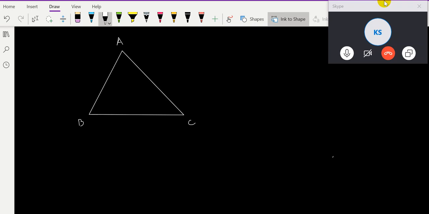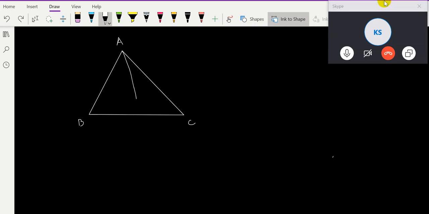Okay. So apart from the incenter and the circumcenter, there are two more important centers that are important as far as triangles are concerned.